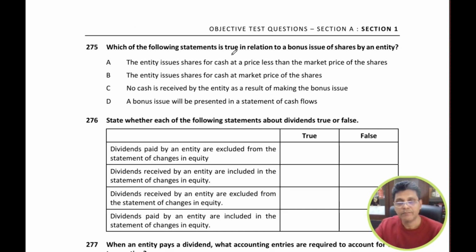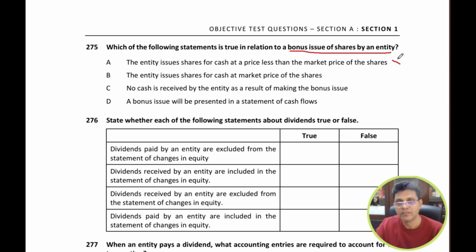Which of the following statements is true in relation to a bonus issue of shares by an entity? So as I told you, there's a distinct difference between a bonus share issue and a rights issue. In a bonus share issue, we transfer reserves to the equity account. It's a capitalization of reserves to the equity. There's no cash inflow. The entity issues shares for cash at a price less than the market price of the shares.